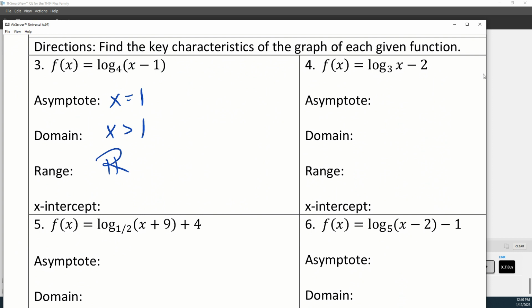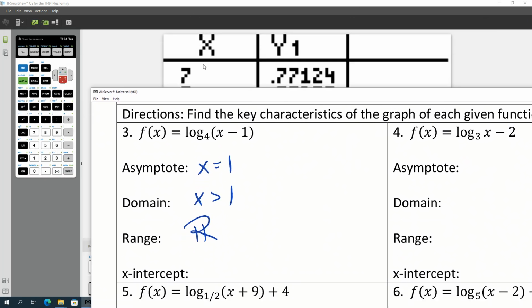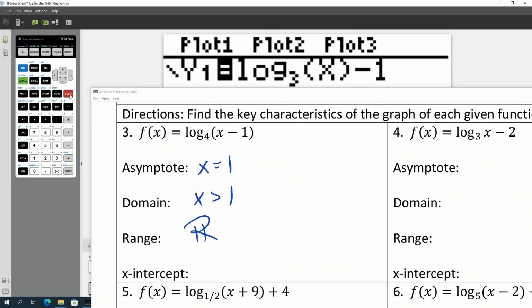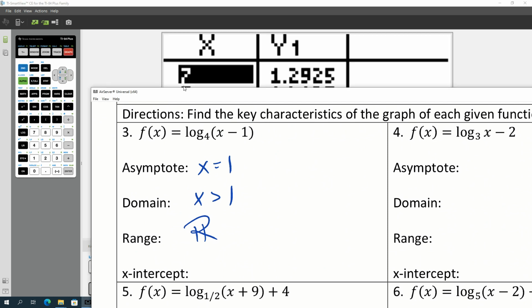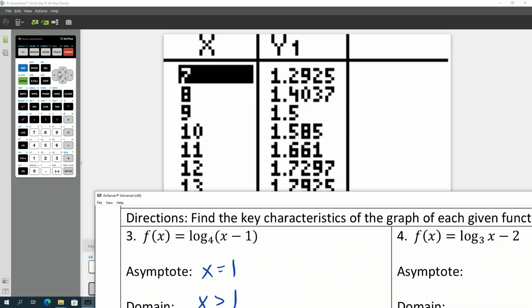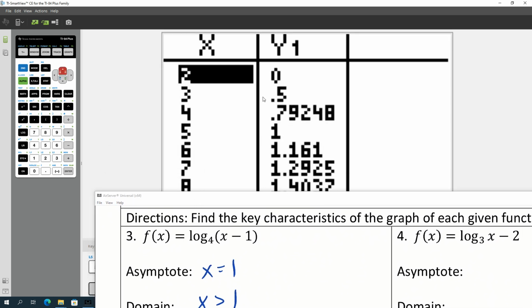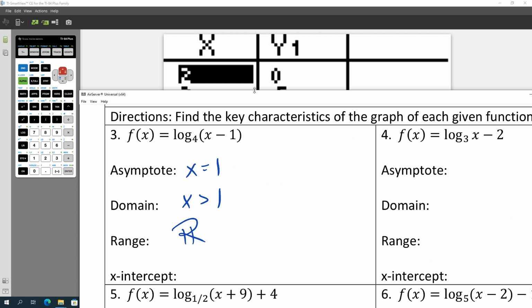Now we do have to use the calculator to find the x-intercept. So let's just type it in real fast. Scroll around a little bit. There it is. So the 0.20 should be my x-intercept.